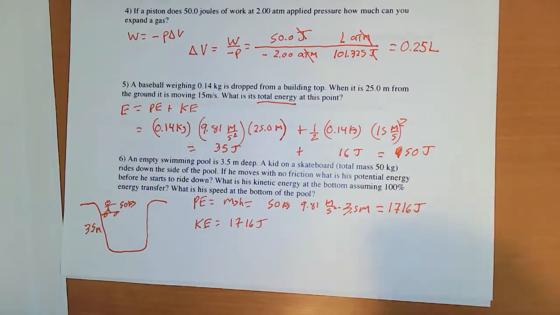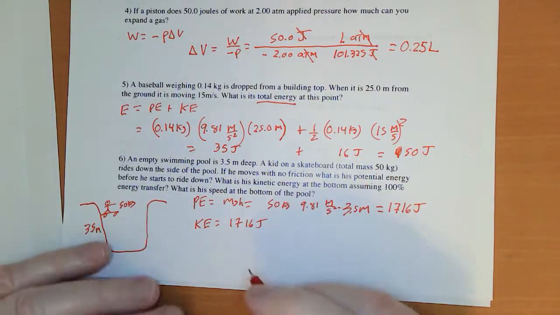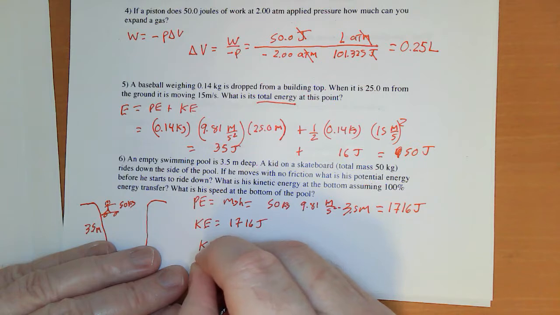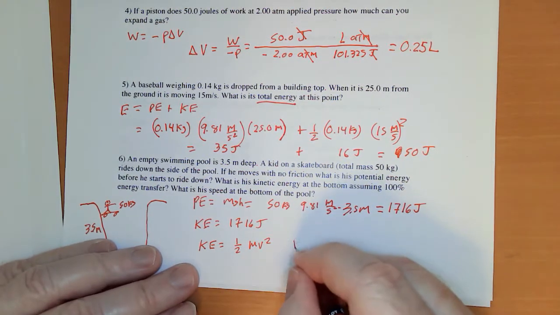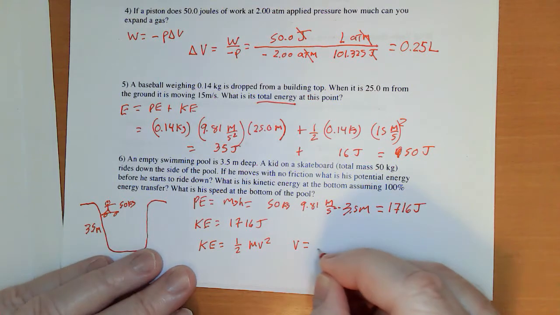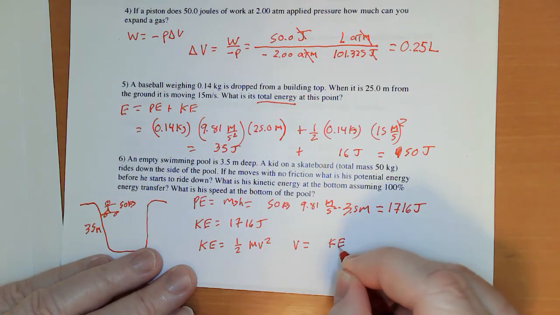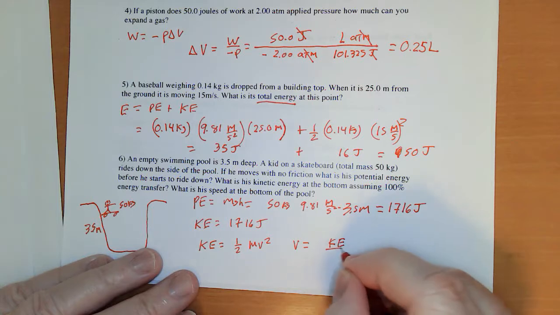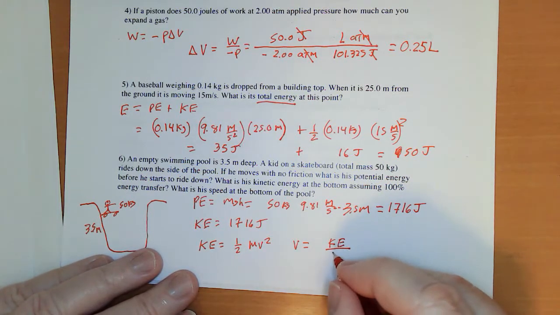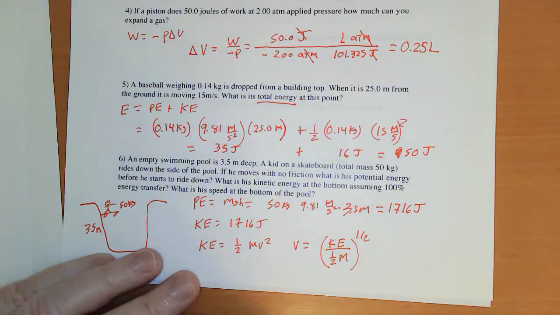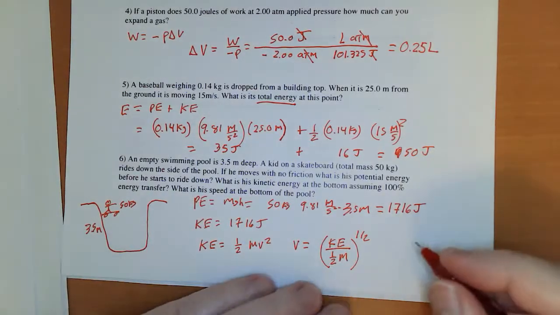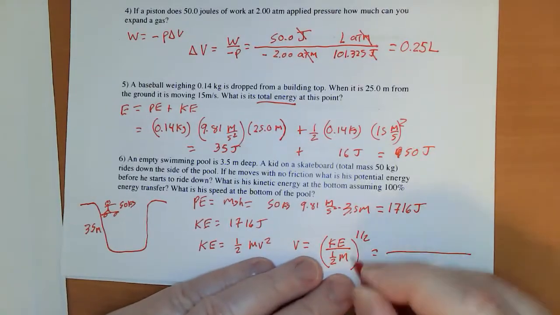All right? How fast is he going? Well, we know that kinetic energy equals 1/2 mv squared. So v equals the square root of KE divided by 1/2 m. So 1/2 comes upstairs.